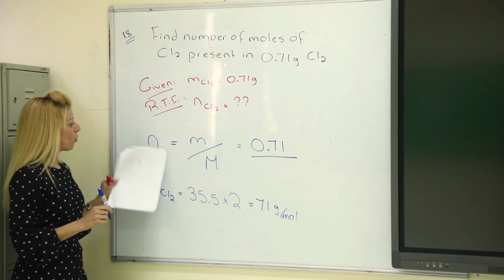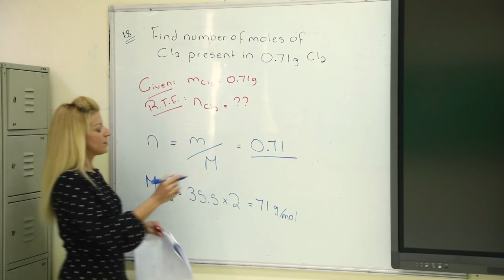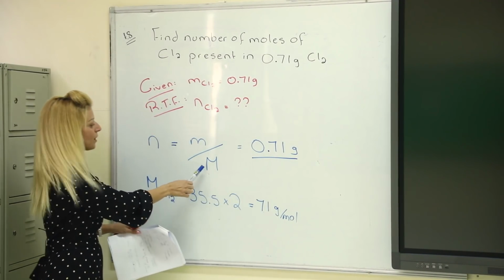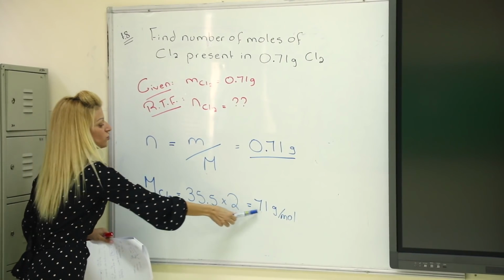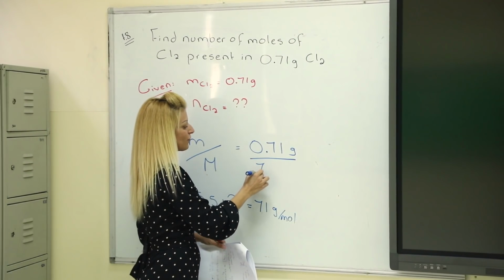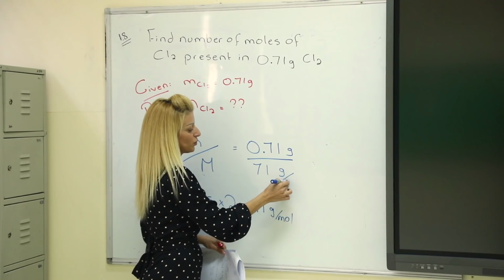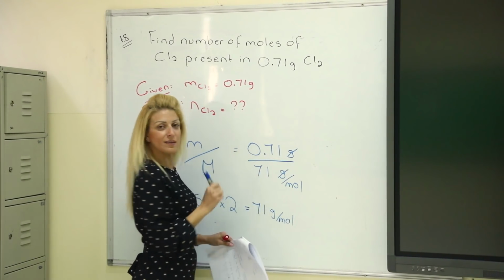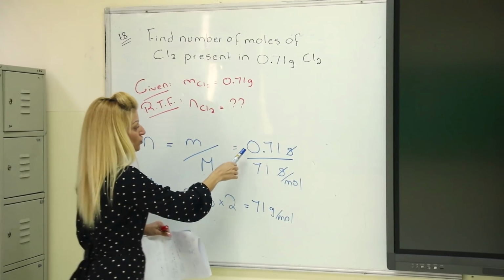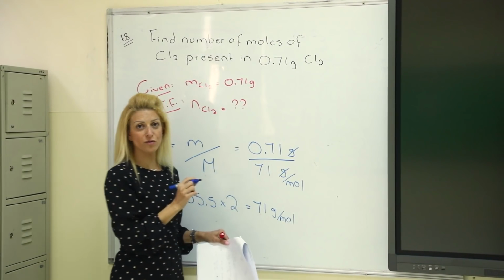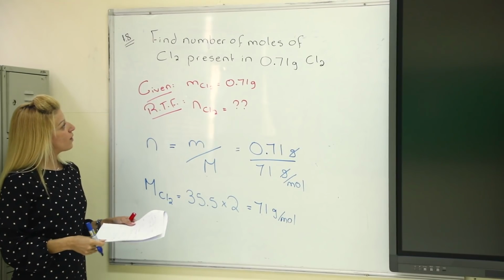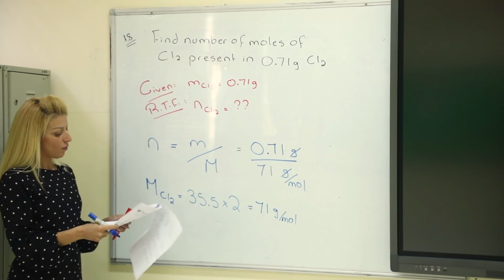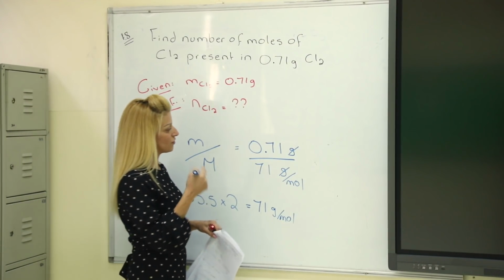So when we go back to this equation, the mass is 0.71 grams, which is given. The molar mass of Cl2, which we found here, is 71 grams per mole. And then the units cancel out, and you end up with a mole unit, which is 0.71 over 71. So you end up with 0.010 moles.